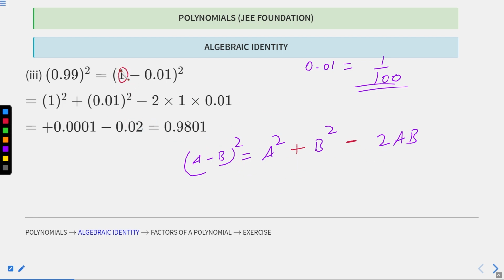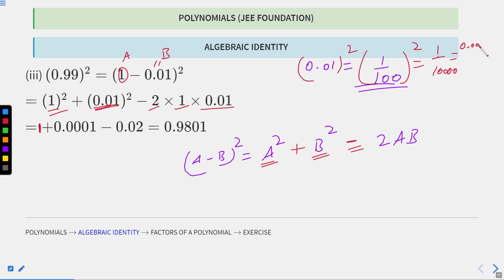So a is my 1, and this is my b. So 1 square plus b, or 0.01, square minus 2ab. So 1 square is just 1. 0.01 whole square is equal to 1 square upon 100 square, and 100 square is 10,000, and in decimal this is 0.0001.